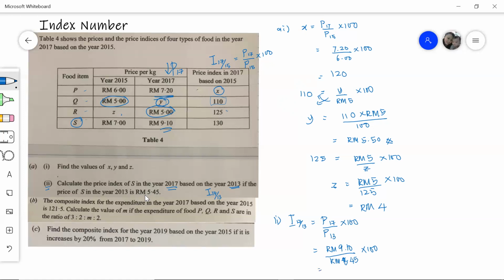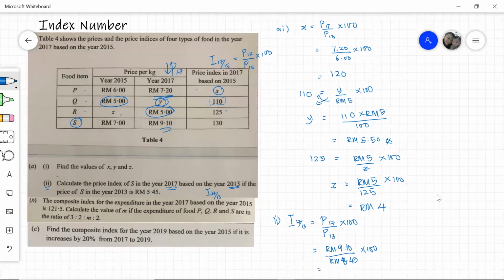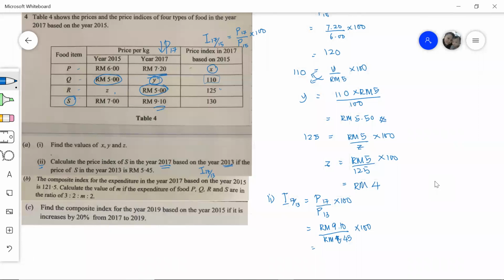We have our answer, 166.97. If we round it off to one decimal place, we will approximately get 167. So this will be our price index for A part 2.